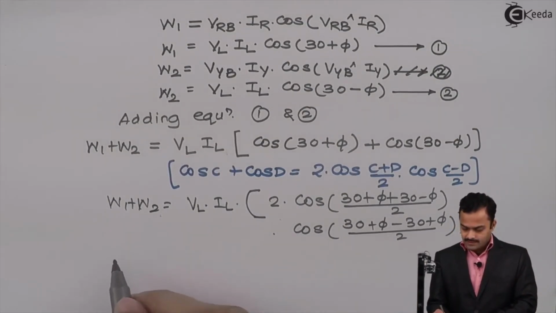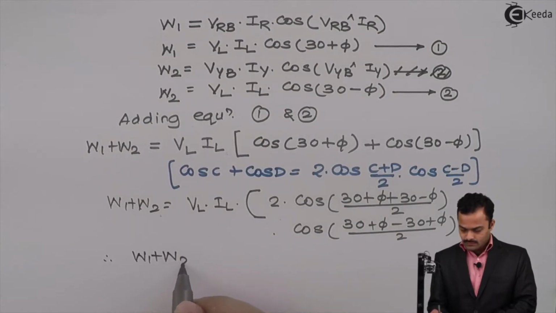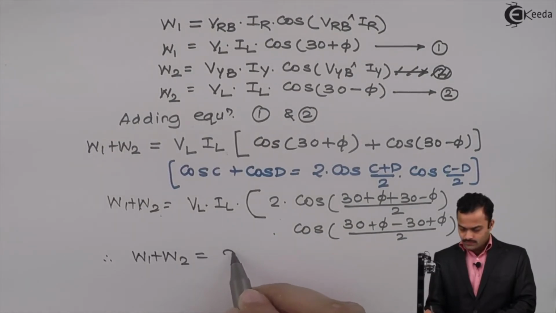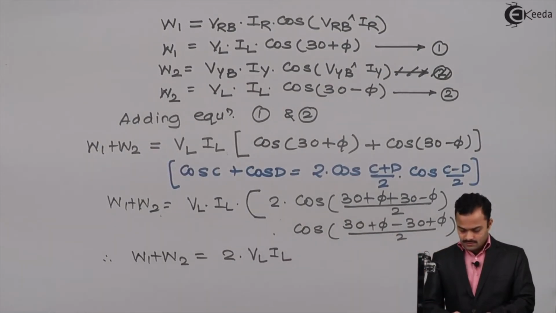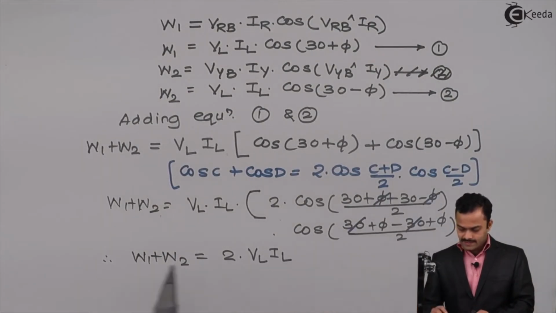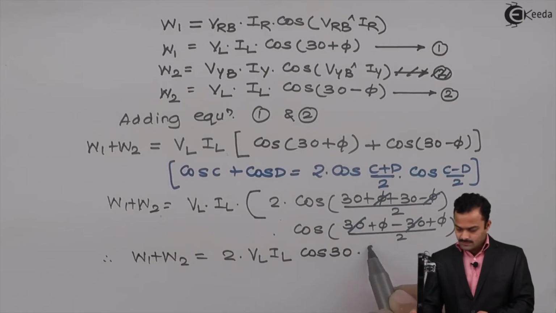So if I simplify, I will get W1 plus W2 equal to 2 times VL IL. Here 5 gets cancelled, and here 30 gets cancelled, and further simplification will give me cos 30 multiplied by cos 5.